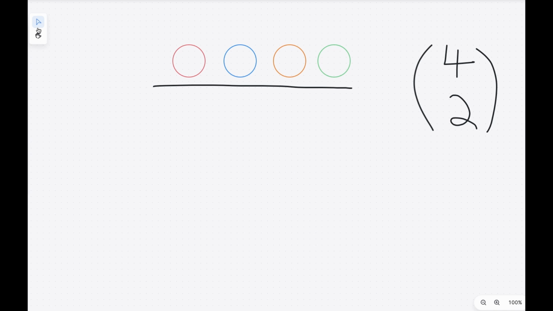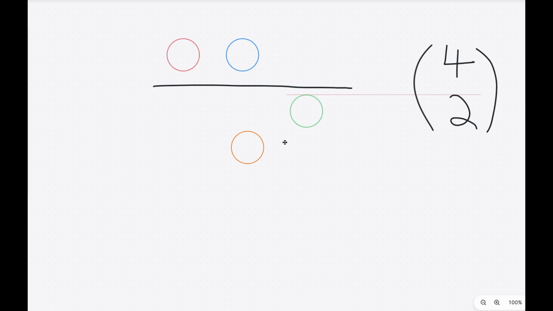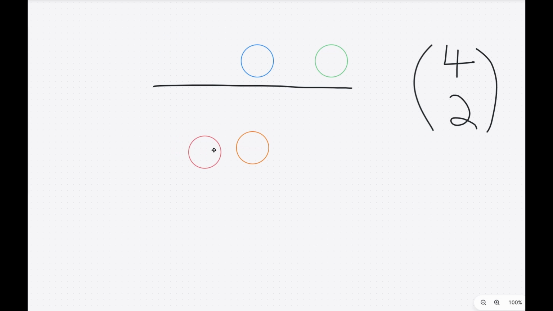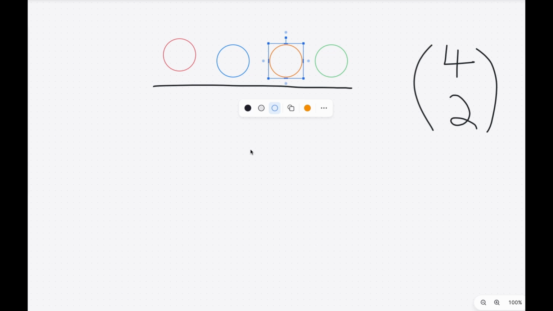To demonstrate that, I have 4 balls here. In how many ways can I choose sets of 2? I could choose a red and a blue. That's a set of 2. Or I could choose an orange and a green, or an orange and a blue, or a red and an orange. If we figure out all the different sets of 2 we can make from these 4, there are 6 different sets.